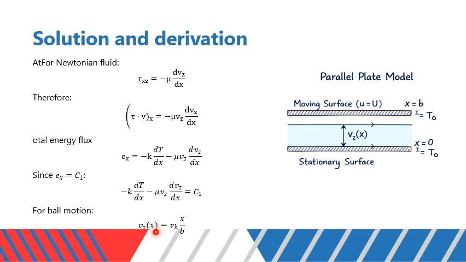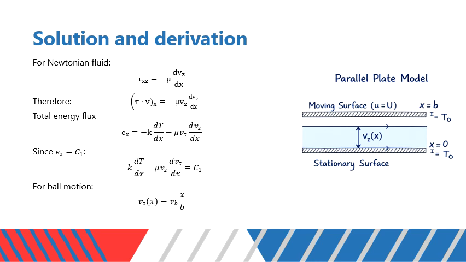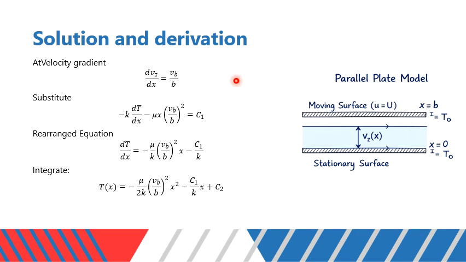Velocity is a function of x, so we will consider Vz of x is equals to Vx by B. So the velocity gradient dVz by dx is equals to V by B. So now substituting dVz by dx in the previous equation, I'm getting minus k dT by dx minus mu x V square by B equals to C1.